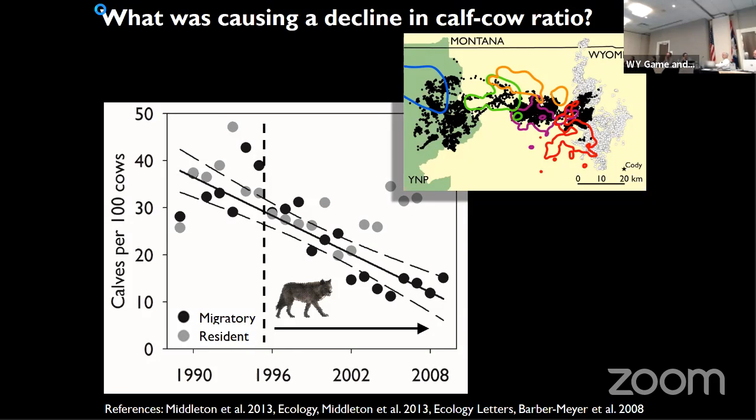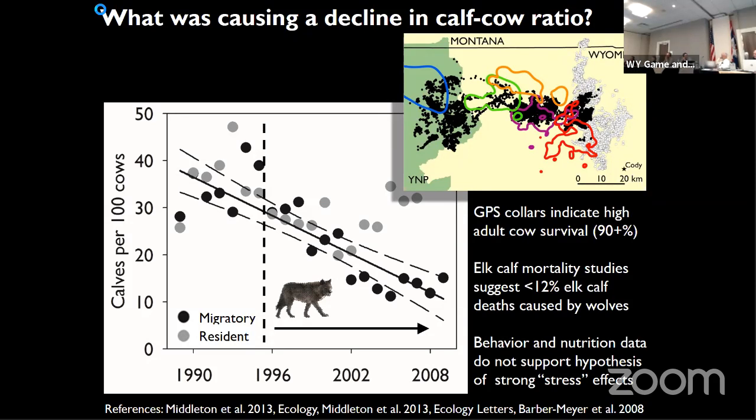And we spent a number of years conducting various individual studies that came together into a larger picture of changes in this herd. And the head scratchers were that we knew pretty soon after starting the work that adult cow survival, even in the migratory subpopulation, was really quite high. They wouldn't die from much other than hunter harvest.